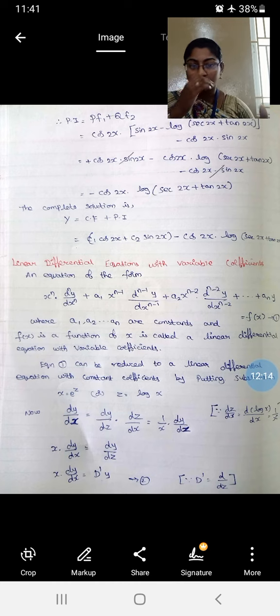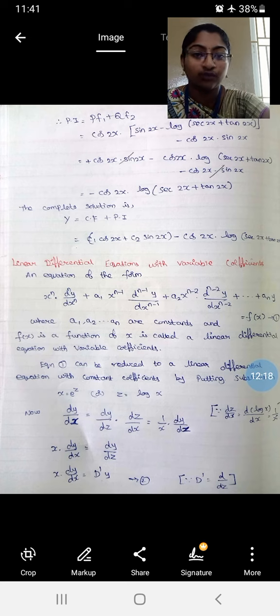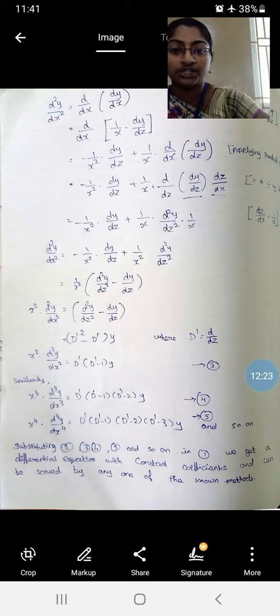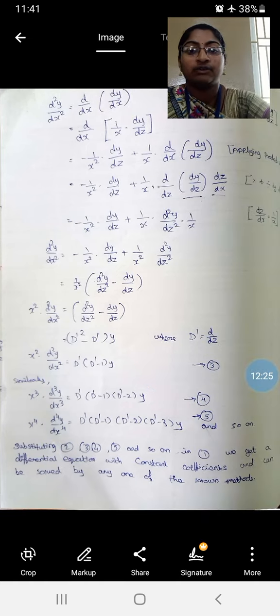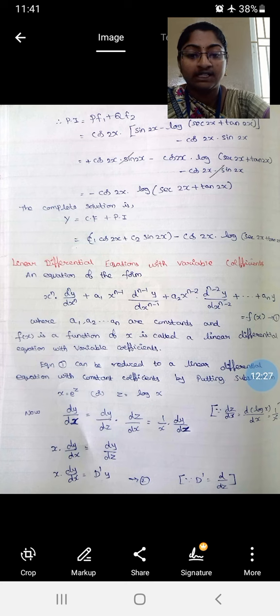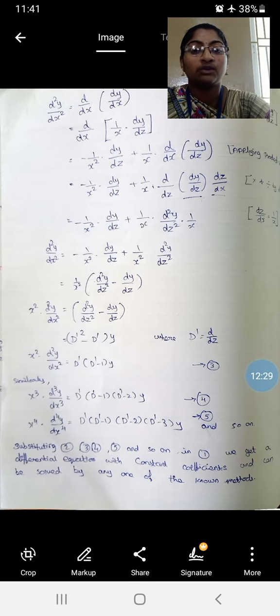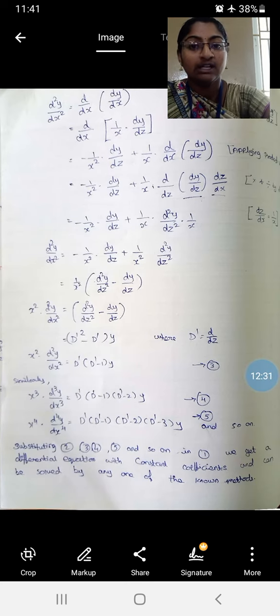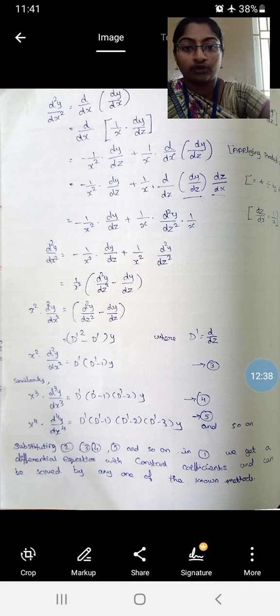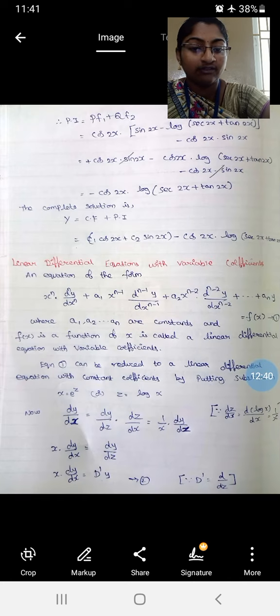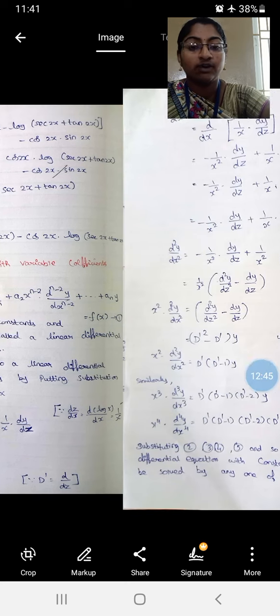So in our question, if they ask us to solve a variable coefficient equation, we will use this formula for the first term. For the second term, I am going to proceed just like the first. We found dy by dx; next we are going to find d square y by dx square. So keep d by dx and dy by dx in bracket. We already know that dy by dx equals 1 by x into dy by dz.